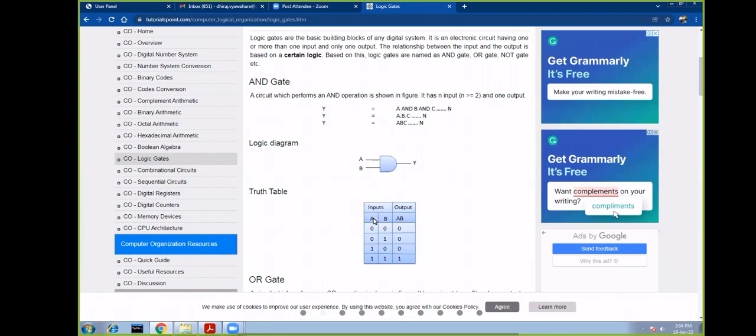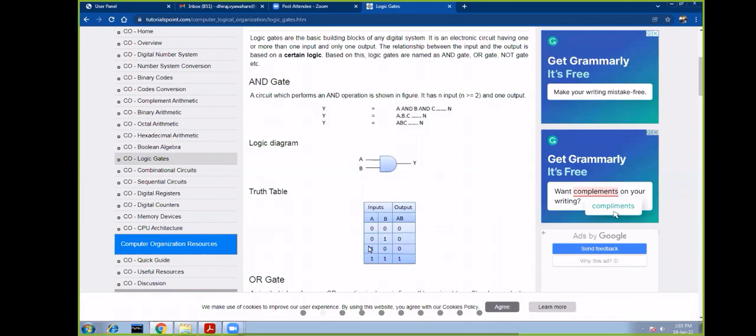The inputs are shown as A and B, and the output is Y = A AND B. AND is represented by a dot, which is multiplication, A multiplied by B. When we have 0 into 0, the outcome is 0. 0 into 1, the outcome is 0.